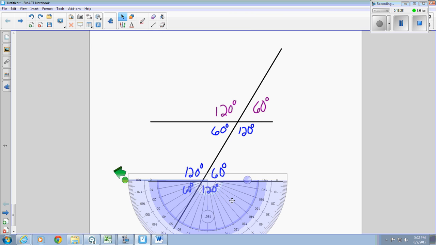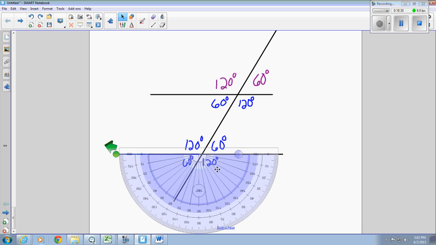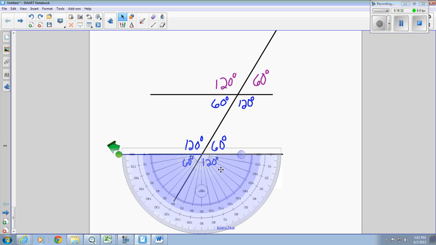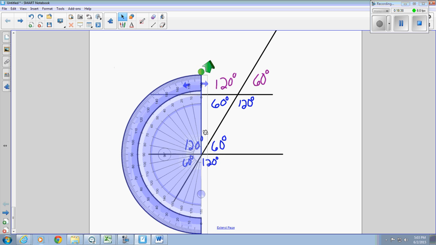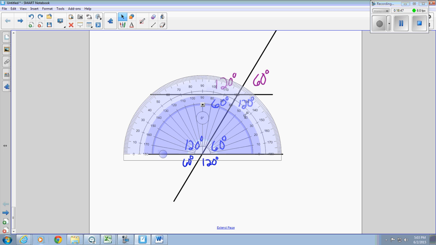Let's move our protractor to prove that that's true. We measure it, and in fact, we do get 120, 60, and rotating this around, we get 120 from this, and 60.